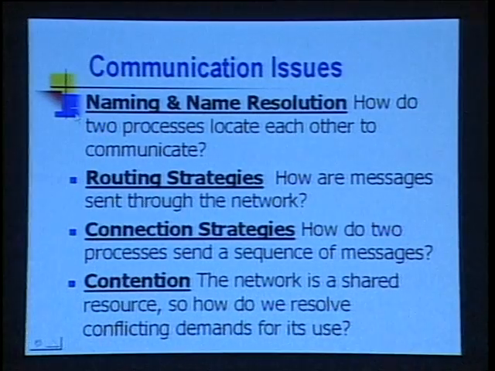Naming and name resolution: when we have a number of machines at one site, at different sites in different cities or even in different countries, these machines need to recognize each other. Let's say we have a machine in Islamabad and a machine in Lahore. We have to provide these machines names so that the machine in Islamabad recognizes whether it is talking to a machine in Lahore or a machine in Karachi.